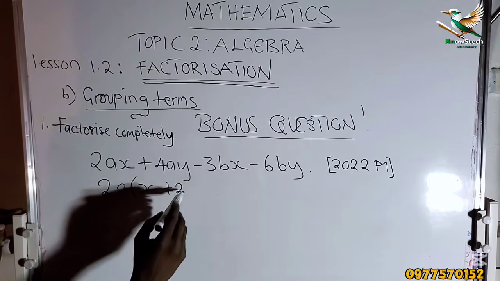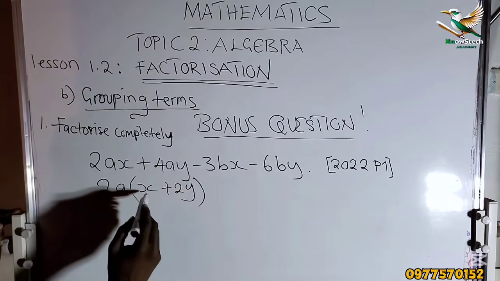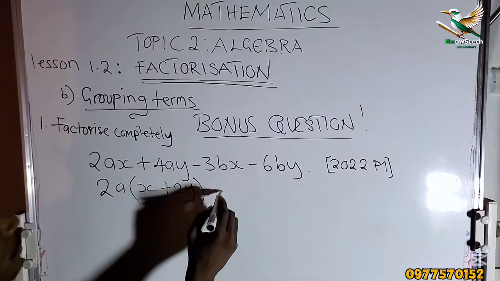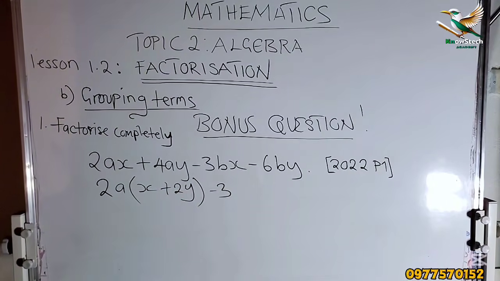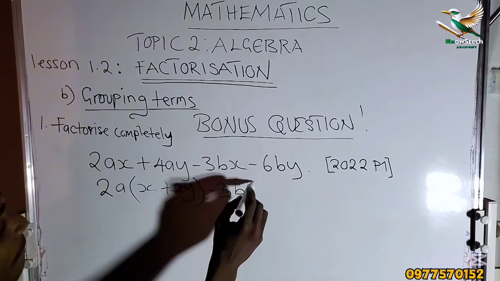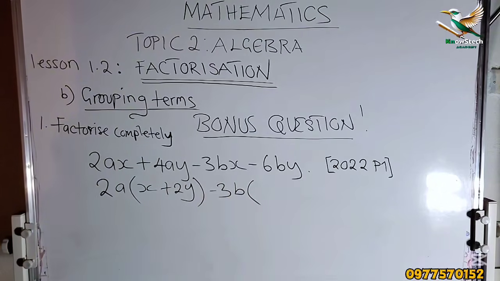A and A will cancel, just remain with Y. Okay, 2x plus 2y. How about this side? Can 3 go into 6? Yes. This is negative 3, so it will be like this, negative 3. Are we together? Okay, negative 3, then B. So negative 3b, like that.